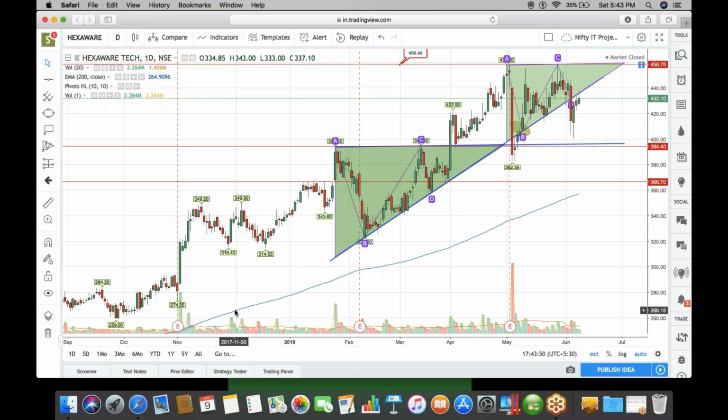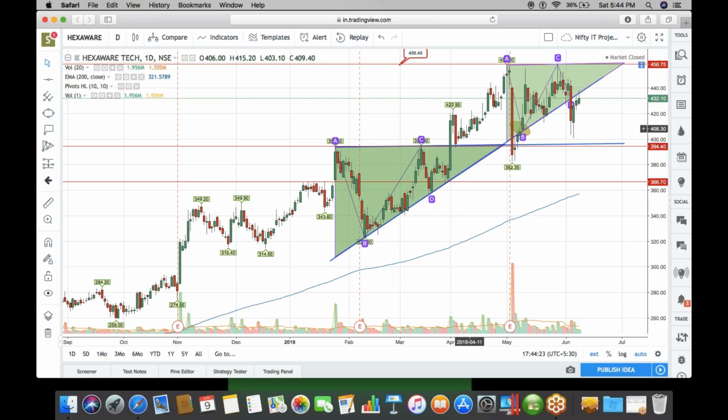Whenever there is a breakout on upside or downside, never trade against the index. In case there is a breakout on the upside and Nifty is going down, forget this trade, boss. Forget the trade. Do not trade it.